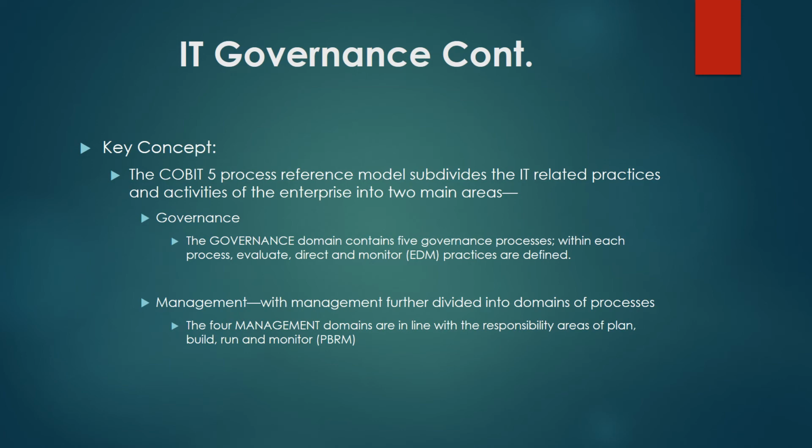The governance domain contains five governance processes. Within each process, evaluate, direct, and monitor practices are defined. With management further divided into domains of process, the four management domains are in line with the responsibilities of areas of plan, build, run, and monitor, which is also known as PBRM.